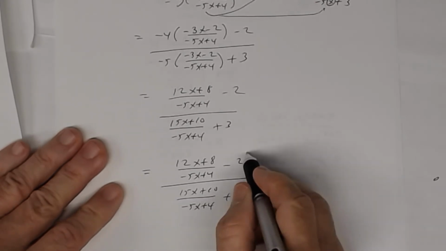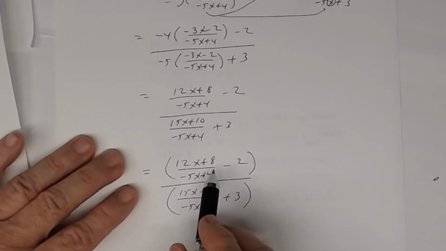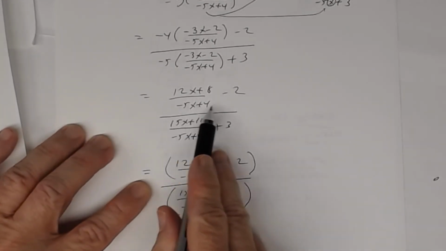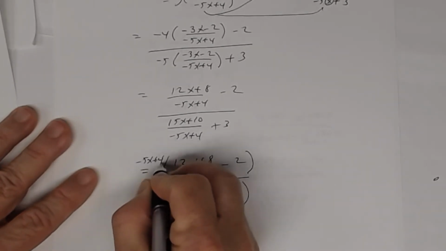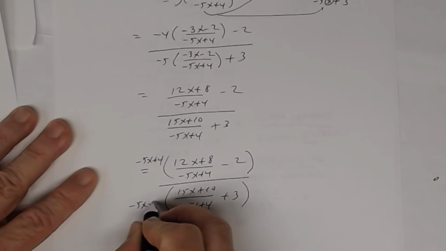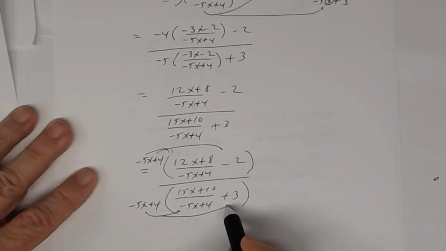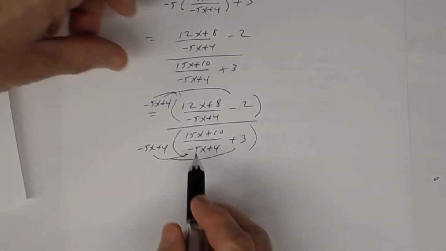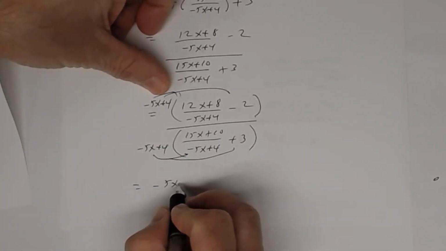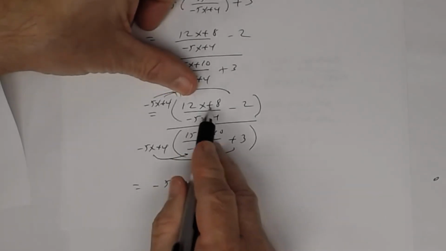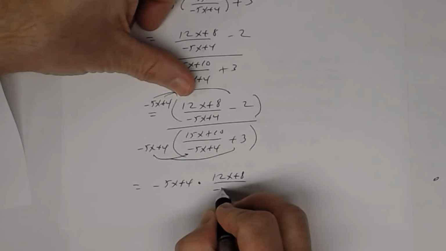So I'm going to take both of those numerators and denominators, and I'm going to multiply by the LCD, which is negative 5x plus 4. So times negative 5x plus 4 times negative 5x plus 4. And then we're going to distribute. Okay? We're going to distribute. So when I distribute, I get negative 5x plus 4 times this first fraction, 12x plus 8, divided by negative 5x plus 4.